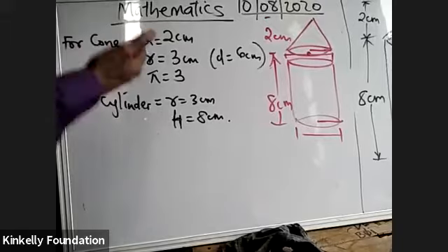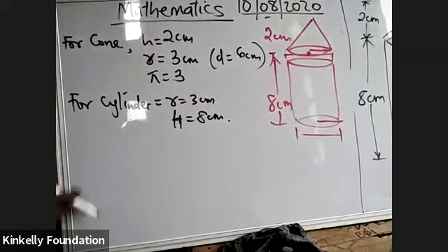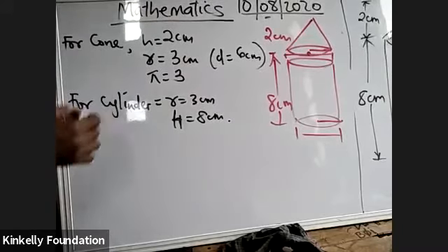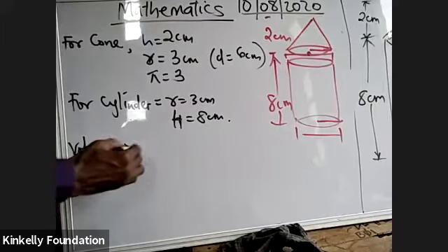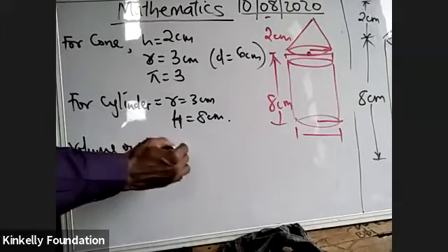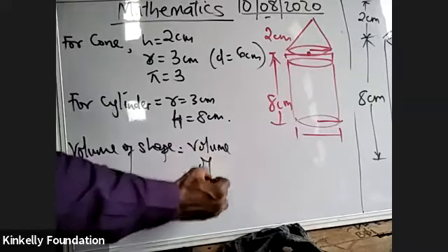Having listed all the parameters needed, the volume of the compound shape gives us the volume of the cone plus the volume of the cylinder.